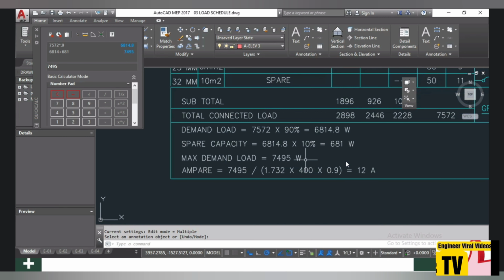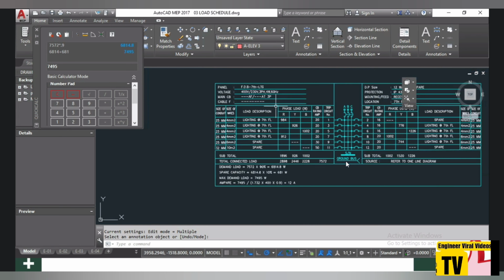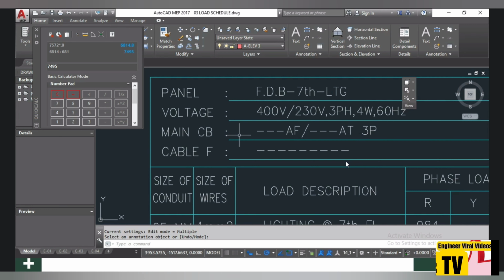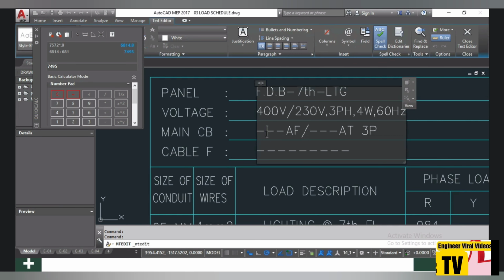Now, after I finished calculating the total current for this panel, I will move to size the main circuit breaker. Suppose I choose an MCCB breaker, adjustable. As we say, it has a screw to adjust the trip value of the breaker.